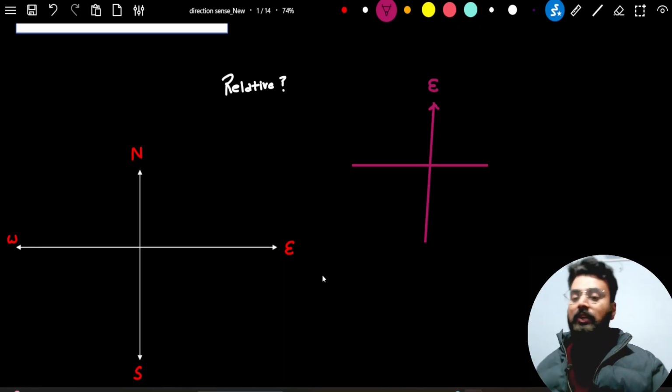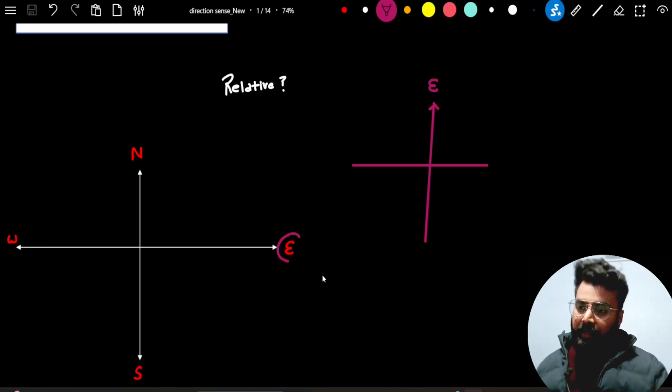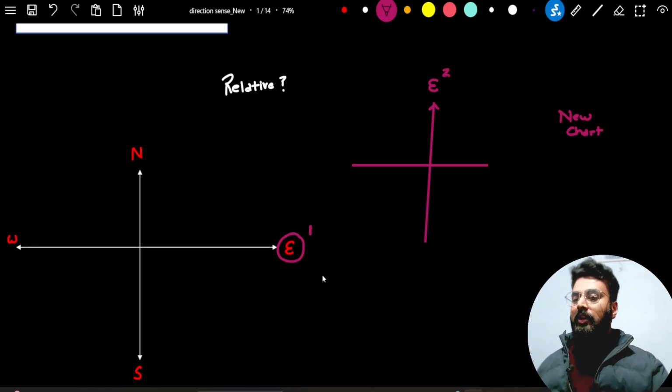So for that you first have to check by what logic I have changed the east direction. This is where we show east in the standard chart, but in the new chart, or you could call it a manipulated chart, we are showing east here, right? If you look carefully, I have changed the position of east by 90 degrees while moving in the anti-clockwise direction. Now when I say anti-clockwise, it means I'm moving opposite to clockwise.